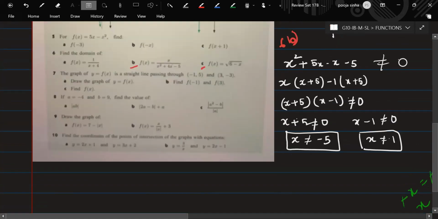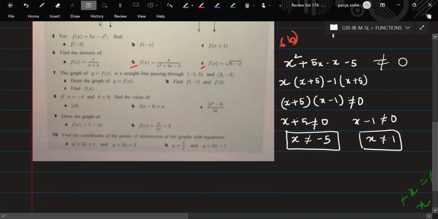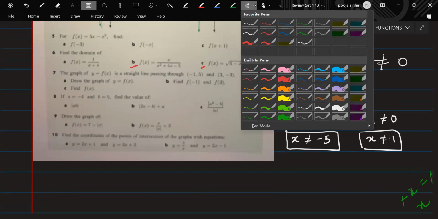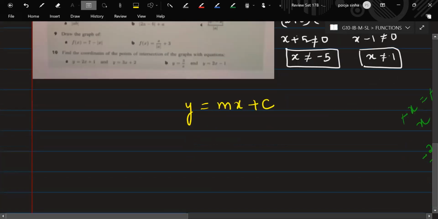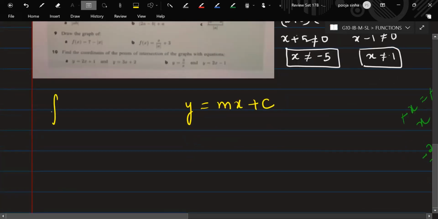When you say f(x), it's a straight line. f(x) is a straight line, isn't it? Yeah. And what is the equation for a straight line? Linear equation. It's y equals mx plus c, right? Yeah. Whenever they say find f(x), you're actually supposed to find y equals mx plus c.